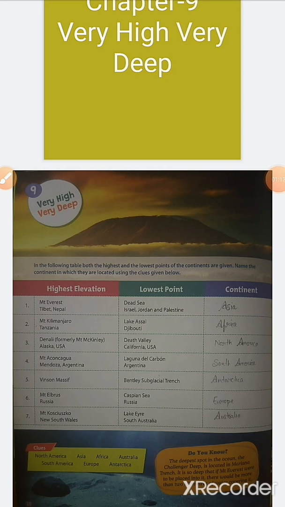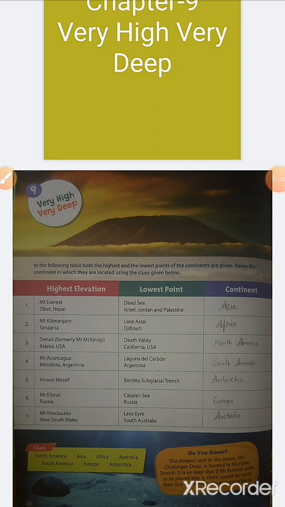Mount Kosciuszko is mainland Australia's highest mountain, at 2,228 meters above sea level. माउंट कोजियोस्को ऑस्ट्रेलिया का सबसे हाईएस्ट एलिवेशन है और ये 2228 मीटर सी लेवल से हाई है.